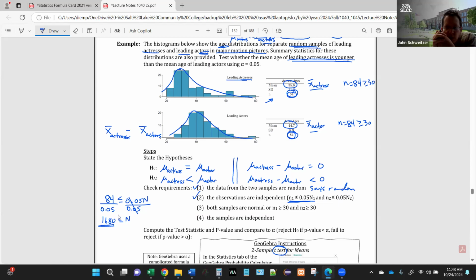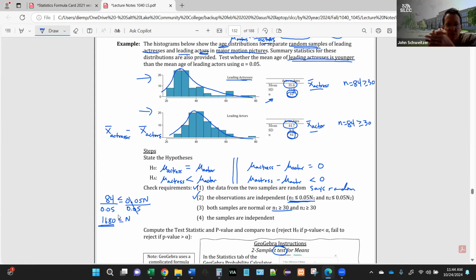Next, both samples are normal, or the sample size is large enough. If we look at the histogram, we have reason to believe that these are not coming from normally distributed populations. Both of these look right skewed to me. You do get some older actors and actresses, but it's not the norm.